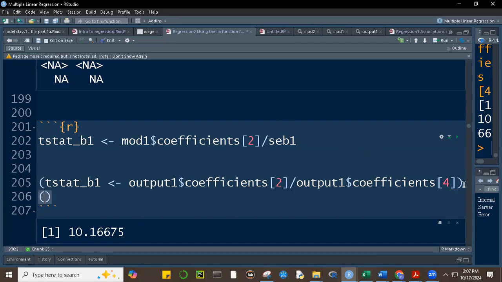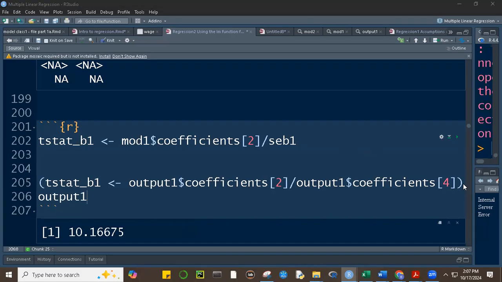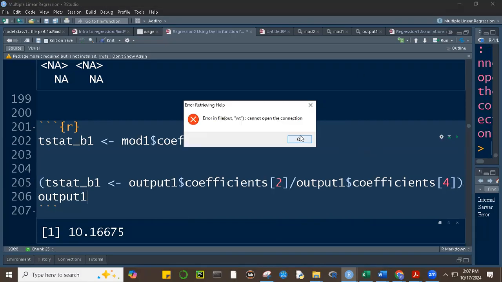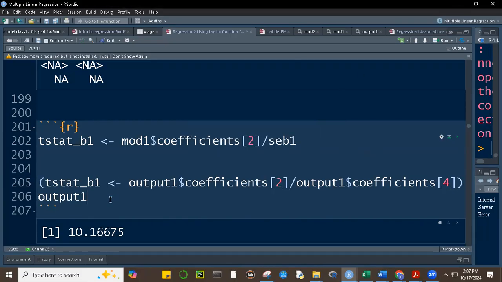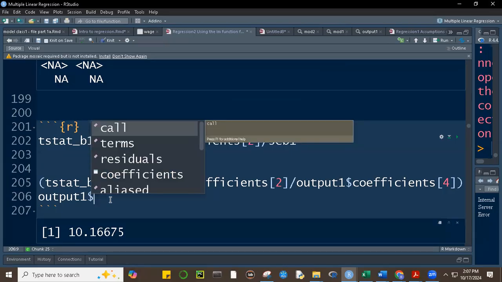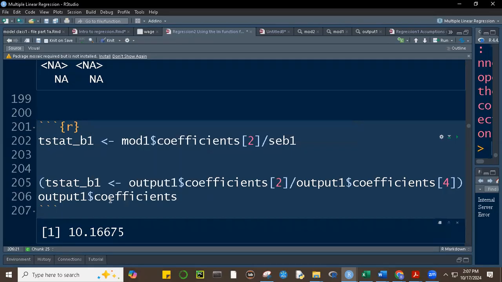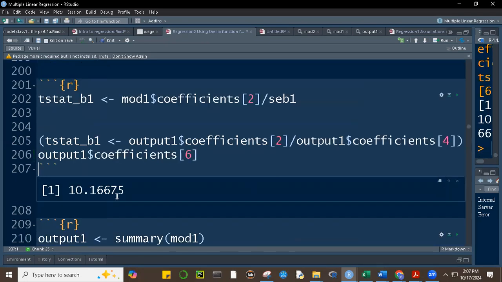Or we could have, it was just meant to illustrate, class, no? Or we could have just gotten output one, dollar coefficients, and then the t stat for the slope is the sixth, 6. So there you go.